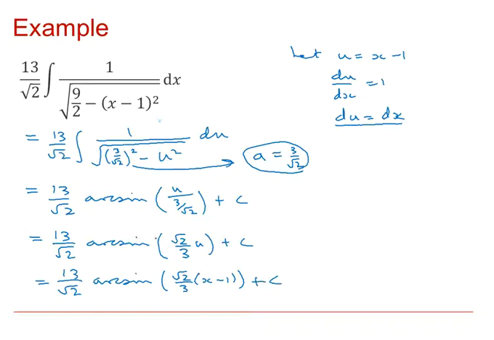The interesting thing here is if you are comfortable doing integrations by more of an inspection approach, you may have looked at this x minus 1, realised that the derivative of that bracket was just 1, and therefore you may have gone straight to that standard result of arc sine root 2 over 3 x minus 1, because it only needs to be balanced up with a divide by 1 if the derivative is 1.